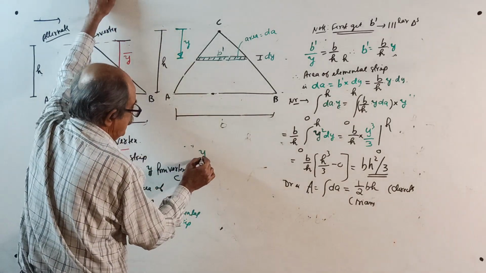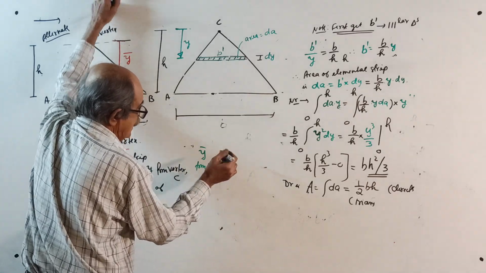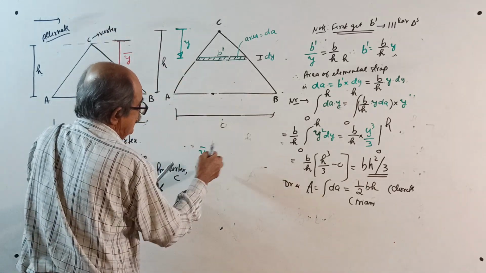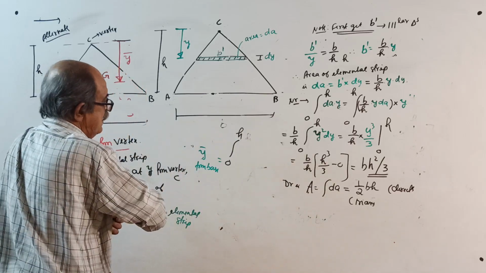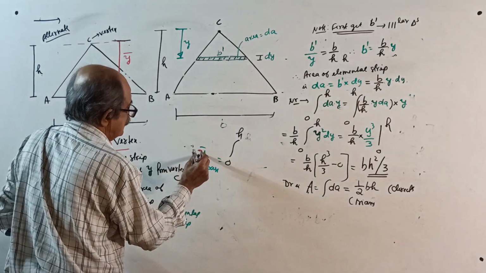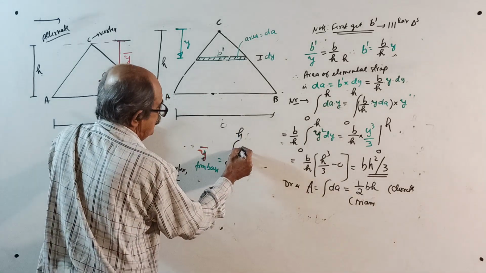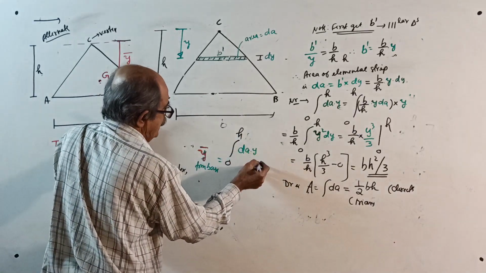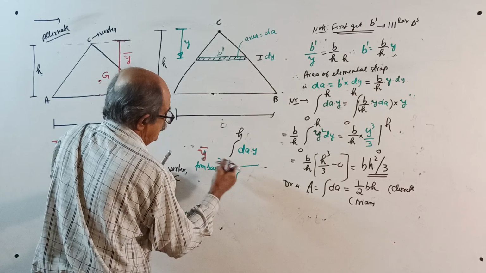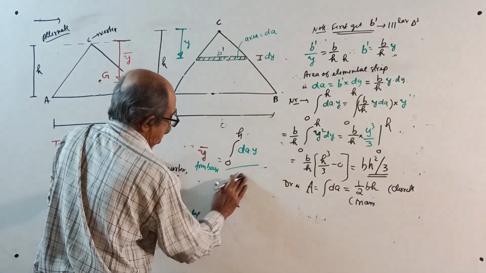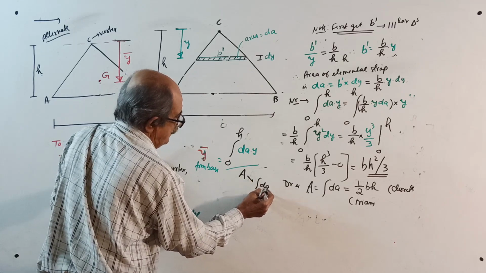Here I wrote y bar from base. Earlier I wrote integration 0 to h, y bar in red color. Y bar from base, I wrote 0 to h of dA into y divided by the area, and the area is the integration of dA from 0 to h.